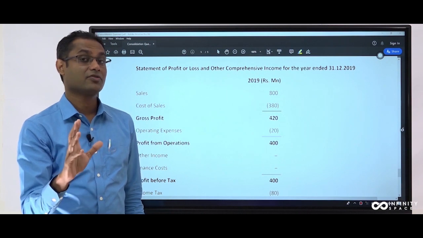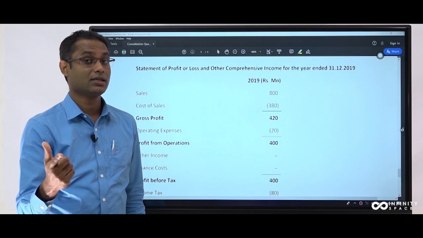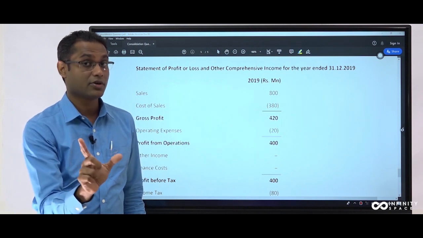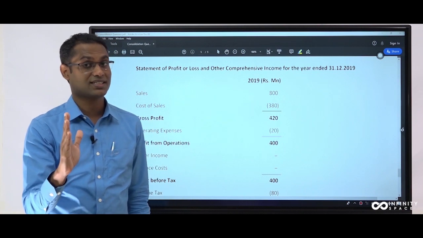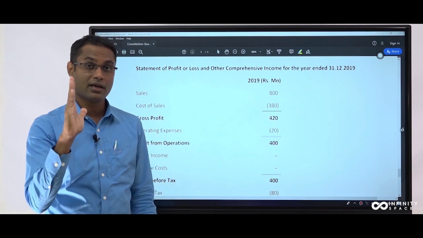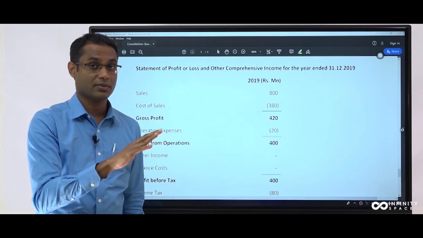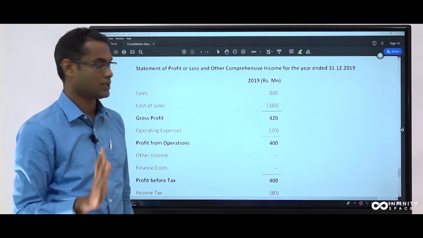You have to take the share of associate profit after tax and share of associate other comprehensive income during the first 9 months. Last 3 months only you do the line by line addition. You have to time apportion the income and the expenses of the Teak PLC and add that to the consolidated income statement and the consolidated other comprehensive income only for the last 3 months.